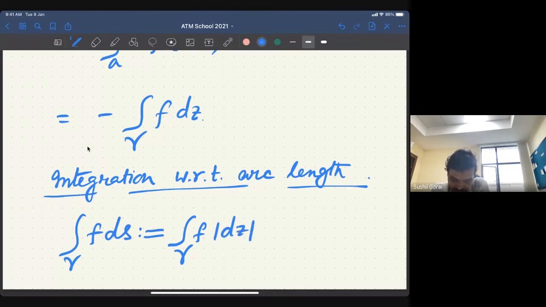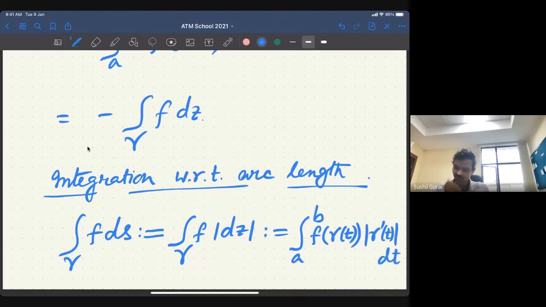So what is mod dz? Well, I'll come to it. Mod dz, as you know, dz is dx plus i dy. So mod dz would be square root of dx square plus dy square, which is nothing but ds. So this will be nothing but integration a to b f of gamma t mod gamma prime t dt. Right. So this is integration with respect to arc length.